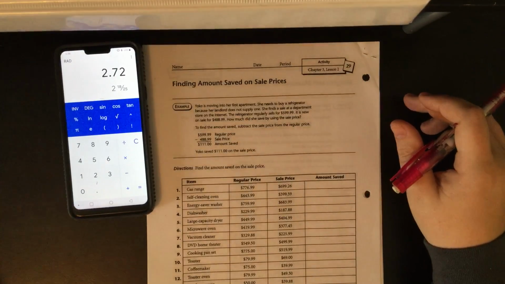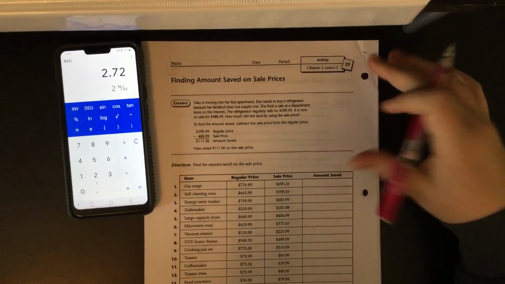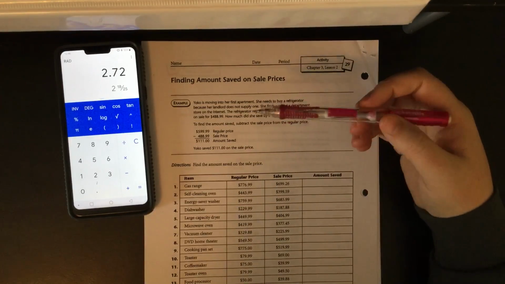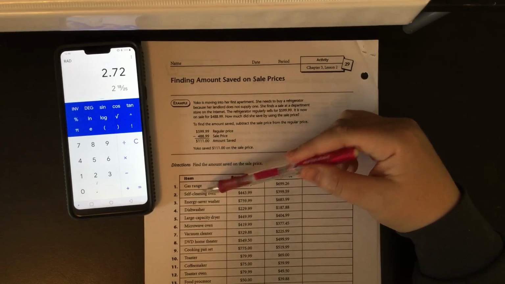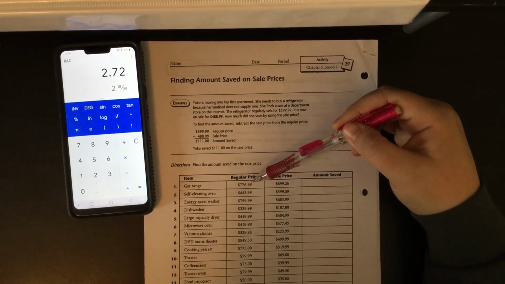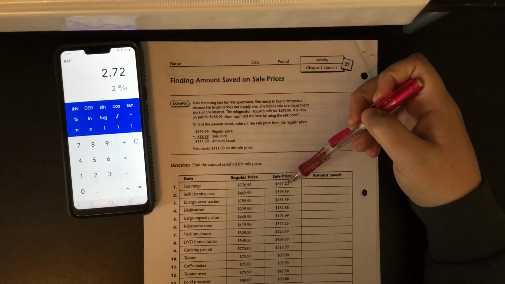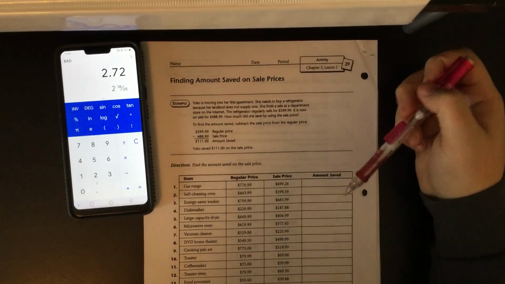And then the last page, we are finding out the amount saved on sale prices. So if we are buying a gas range, the regular price is $776.99. We bought it for $699.26. We want to know how much we saved.